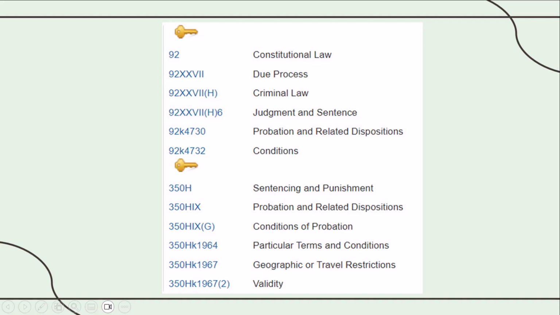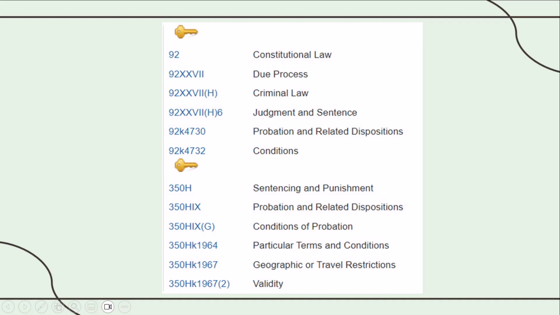The most important thing to remember is that it is the bottom line of each headnote opening that tells you the key number. In the constitutional law topic, the key number is 4732. The definition of that key number is conditions. In the sentencing and punishment topic, the key number is 1967 sub 2. The definition of that key number is validity.